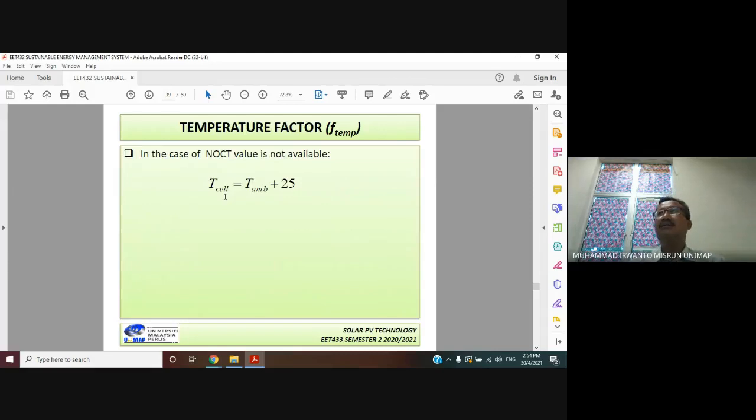Okay, and then for example, we don't know how much temperature is arriving at the surface of the PV module, but we have the data for the ambient temperature. So the cell temperature can be calculated by using this formula.